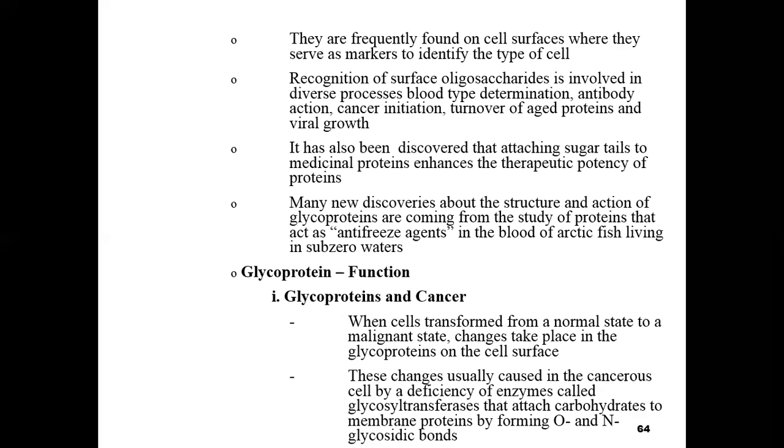Function of the glycoproteins and cancer. When cells transform from a normal state to a malignant state, changes take place in the glycoproteins on the cell surface. These changes are usually caused in cancerous cells by a deficiency of enzymes called glycosyltransferases, which attach carbohydrate to the membrane protein by forming O and N glycosidic bonds.